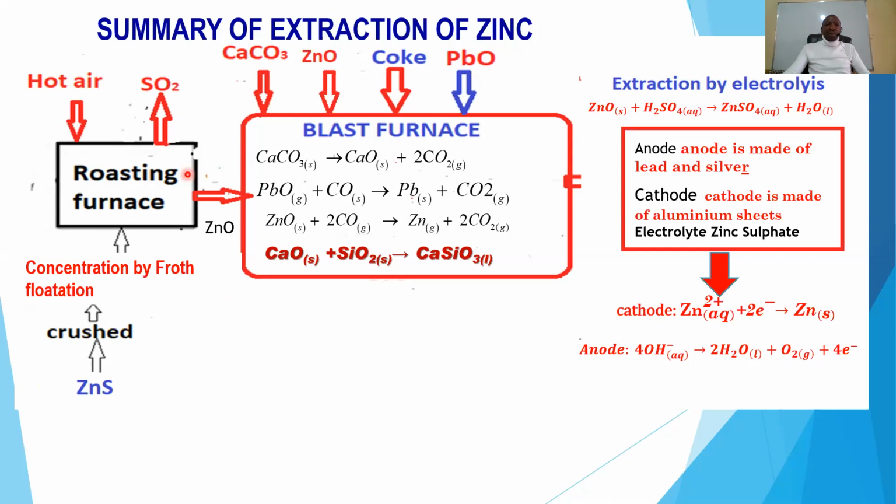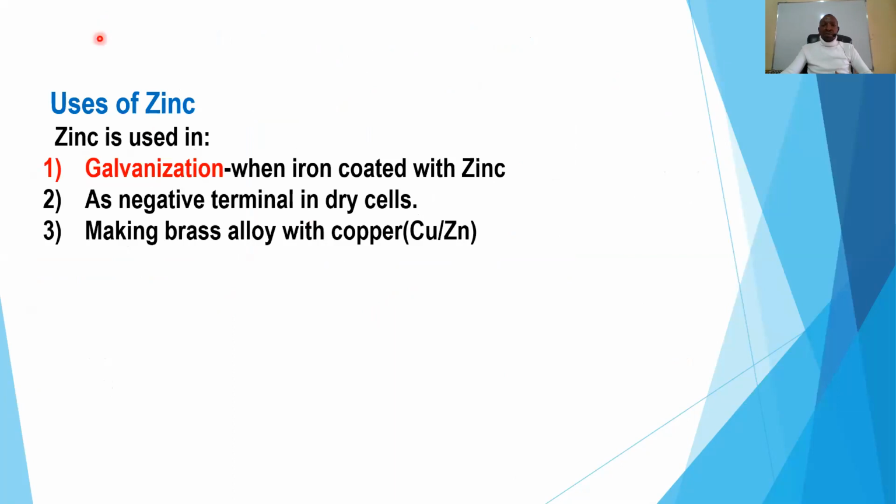That is the simplest way to summarize the extraction of zinc. So we can continue. This summarizes both methods, whether through the use of reduction in the furnace, or through electrolysis.